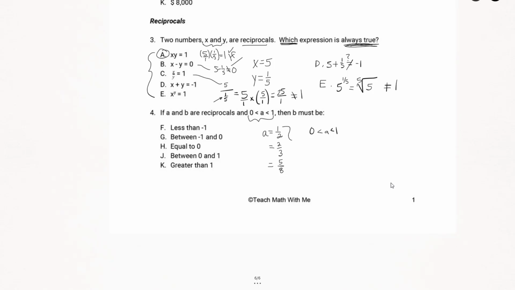So we're talking about a fraction. These are also proper fractions. They're not improper. Remember, improper fractions are going to be greater than 1 because the numerator is greater than the denominator. And we're not talking about any negative numbers here because we're greater than 0. So if we know this to be the case for A, what about B? Let's take a look. When we find the reciprocal, B in this case would be 2/1, which is 2.